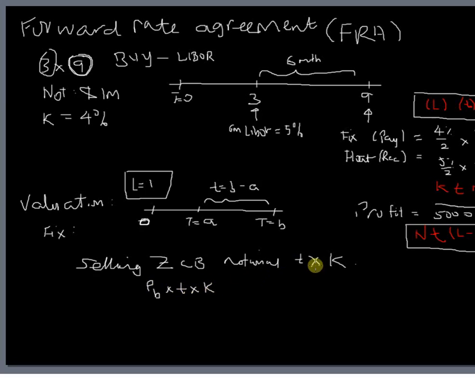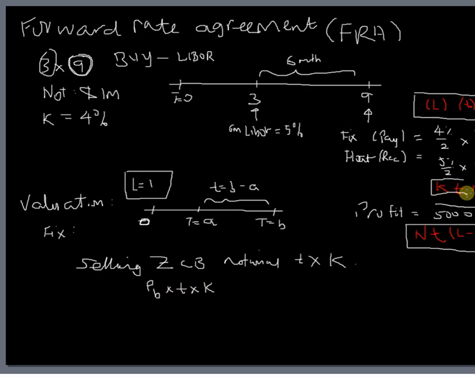When we sell the bond now, we'll be receiving an amount equal to PB times T times K. When it reaches maturity at time equal to B, this PB becomes 1, because the zero coupon bond at maturity will get back $1.